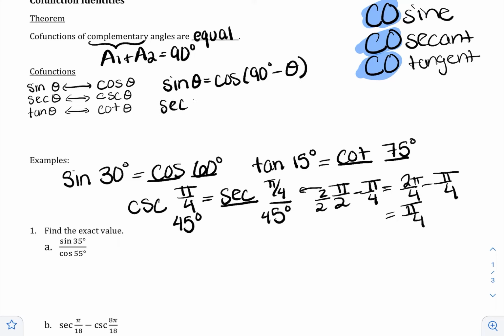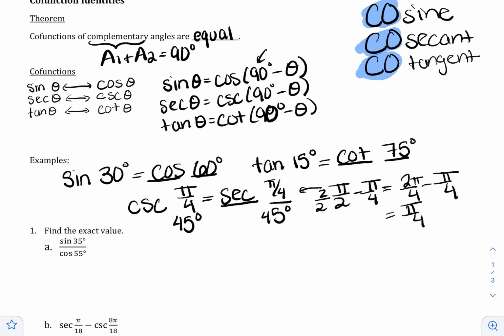The secant of theta is equal to the cosecant of 90 degrees minus theta. And the tangent of theta is equal to the cotangent of 90 degrees minus theta. Now 90 degrees could also be pi over 2. So here are my cofunction identities.